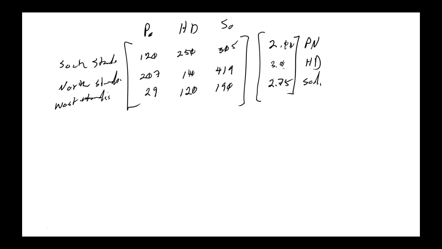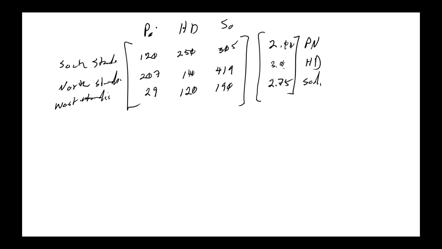What you would do then is multiply south stand, 120 bags of peanuts for $2 a bag, 250 hot dogs at $3 a hot dog, and 305 sodas at $2.75 each. So that would give you the revenue from the south stands.